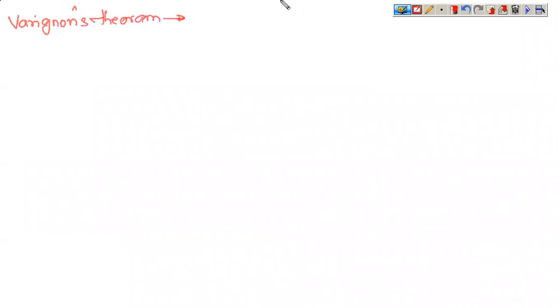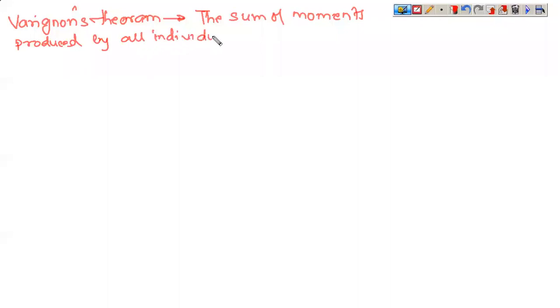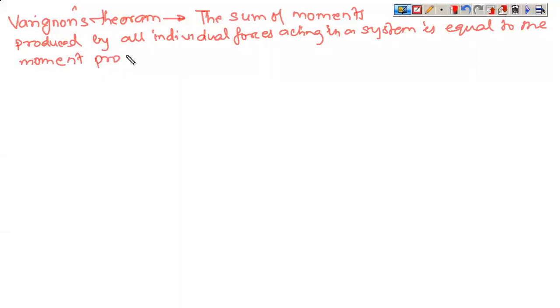This equation says that the sum of moments produced by all individual forces acting in a system is equal to the moment produced by the resultant.